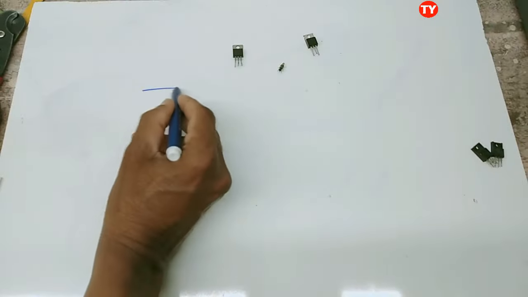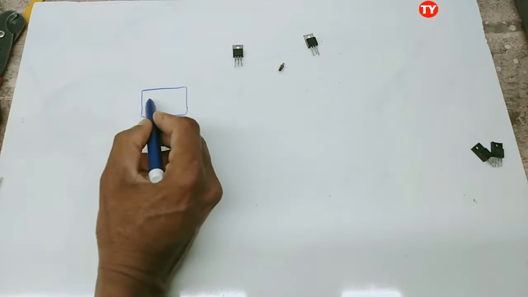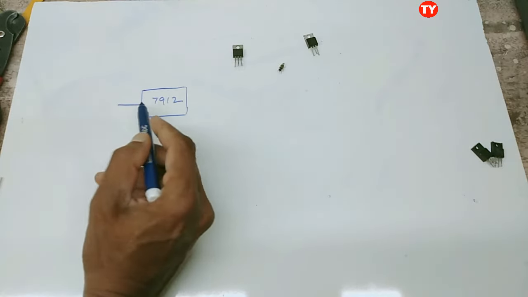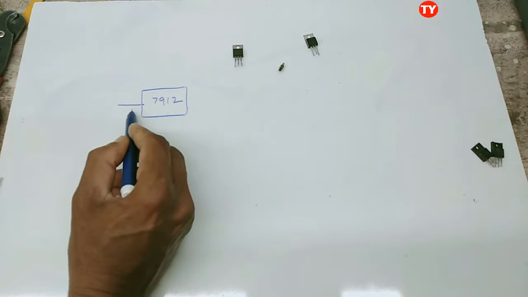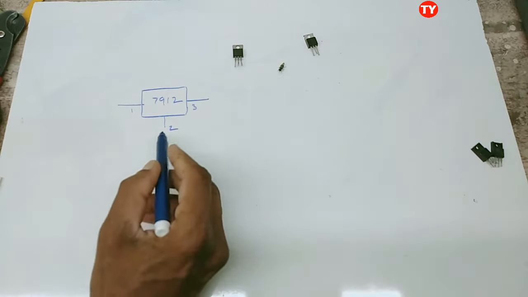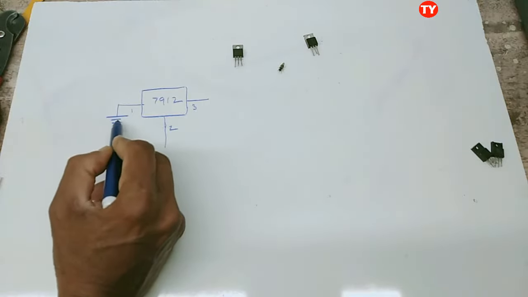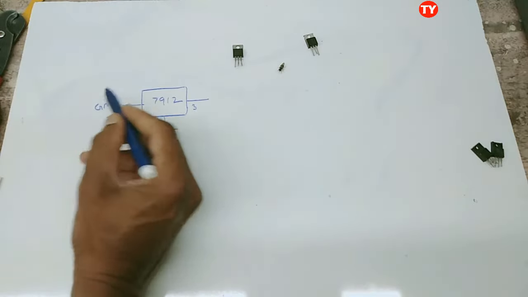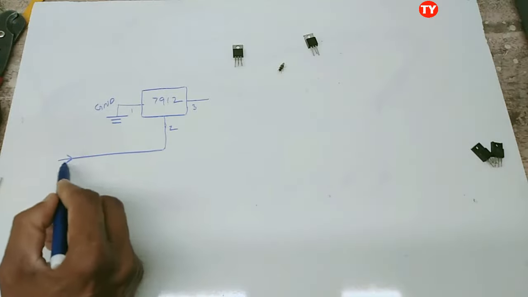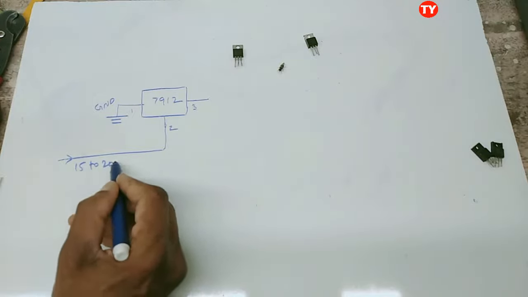Now 7912 IC we will discuss. This one first pin, second pin, third pin. This one we have to ground. Here we have to give negative voltage 15 to 20 negative volt.